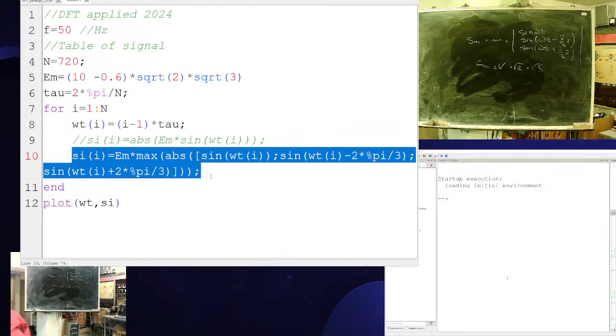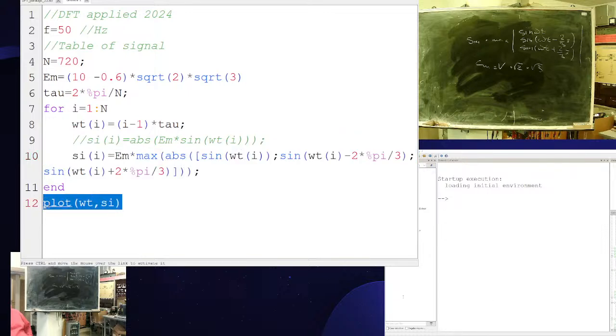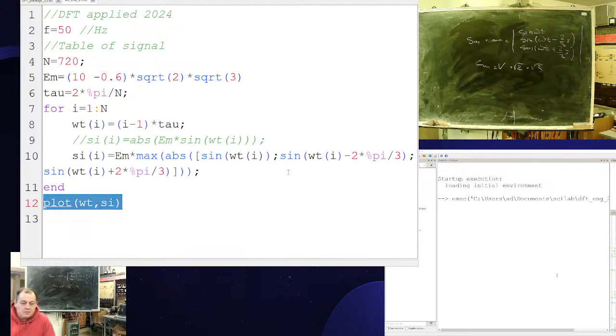What will be the result of this code? I should get, with the plot, a nice chart of my signal. Yeah? Let's take a look at what I will get.